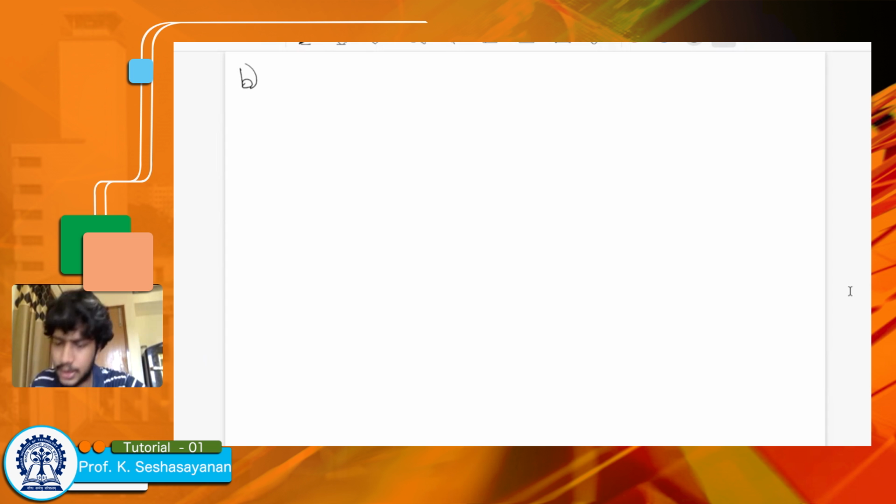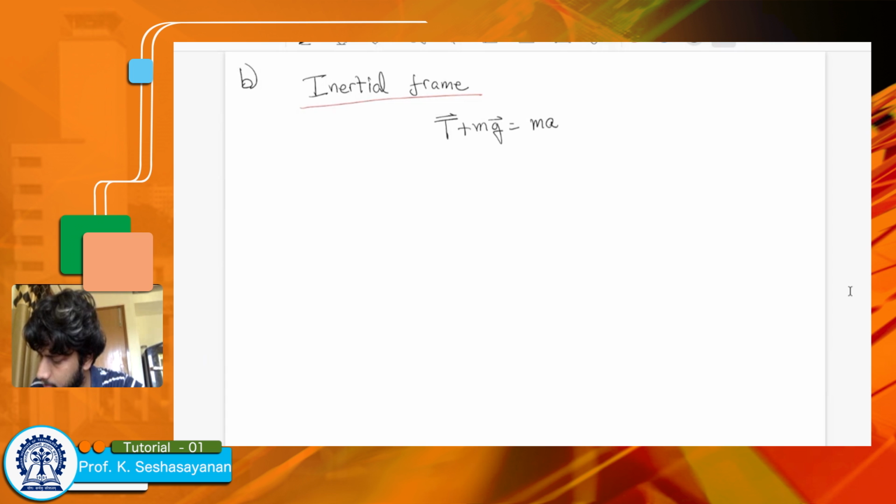So B, what is the angle the pendulum makes with the vertical? So again, let's start with the inertial frame. We have written down the force balance. It's nothing but T plus mg is equal to mass times acceleration. Acceleration is to the right, and we have taken the x-axis to be along that direction, so it's ma times ex hat. And now your T, the tension force, has two components, one along the x direction and one along the y direction.